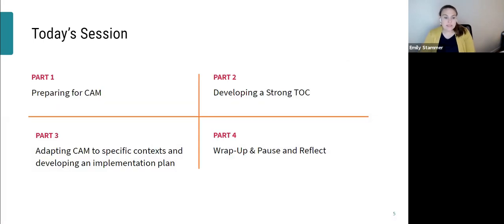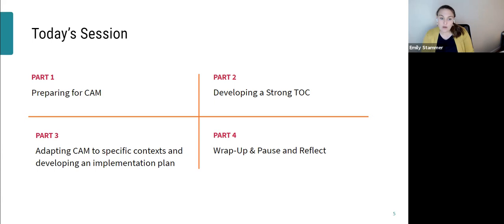So for today's session, we've broken it up into 4 parts. We'll start out with Lucy, who will be presenting on preparing for complexity-aware monitoring. She will be followed by Mahua, who will be speaking about developing a strong theory of change. We'll take a quick break at that point and have a discussion group after the break.